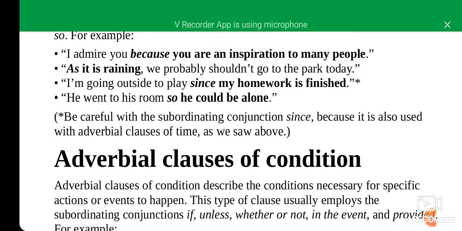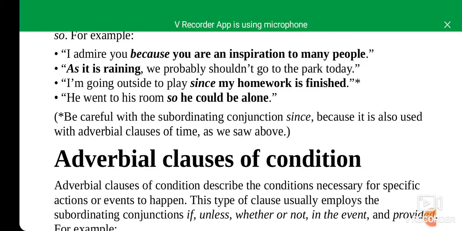I'm going outside to play since my homework is finished. "Since" here shows the reason. In the previous class and previous type we learned that "since" is used both as an adverbial clause of time and as an adverbial clause of reason.